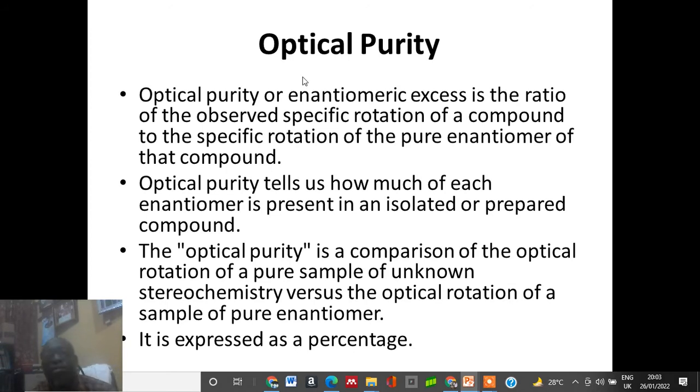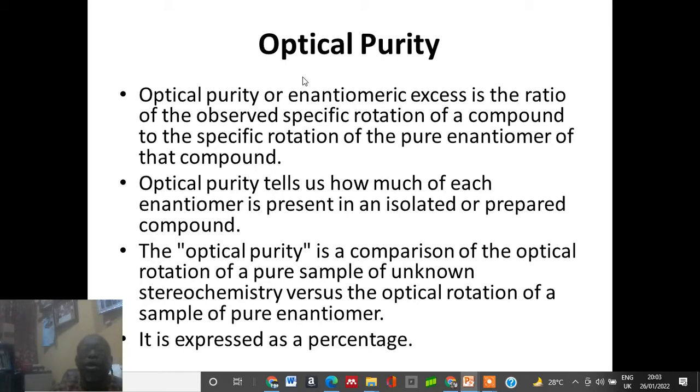Optical purity, or enantiomeric excess. This is the ratio of the observed specific rotation of a compound to the specific rotation of the pure enantiomer of that compound. We said that an equal amount of enantiomers is a racemic mixture.